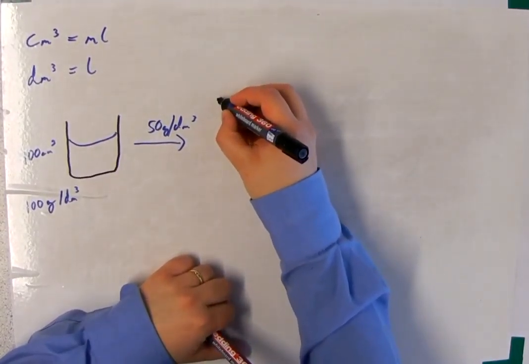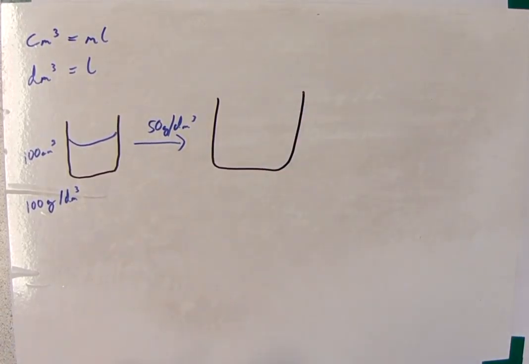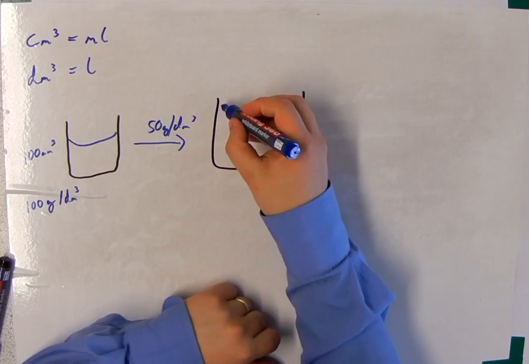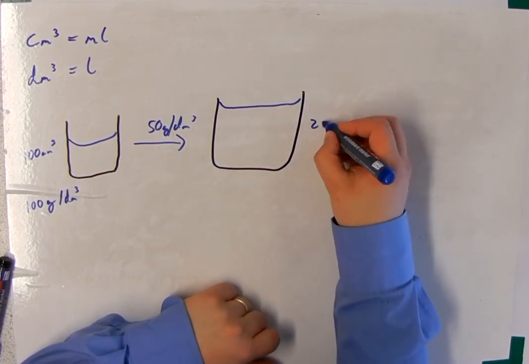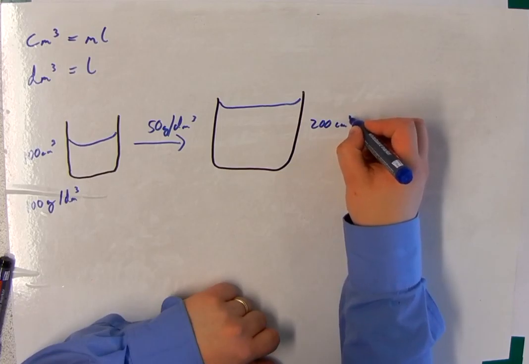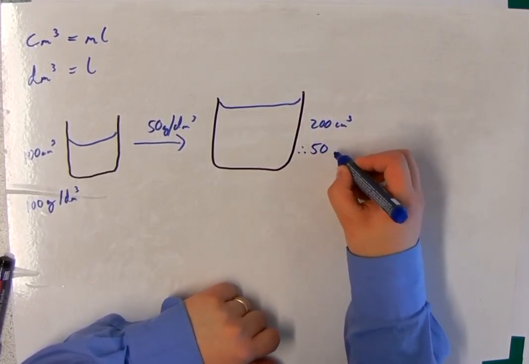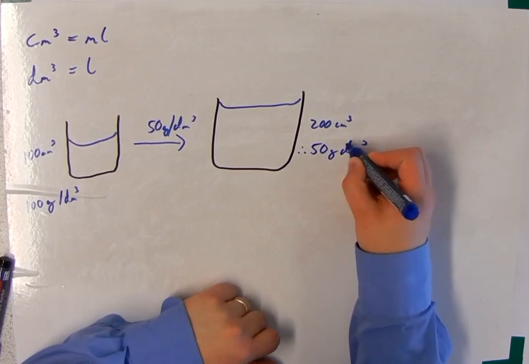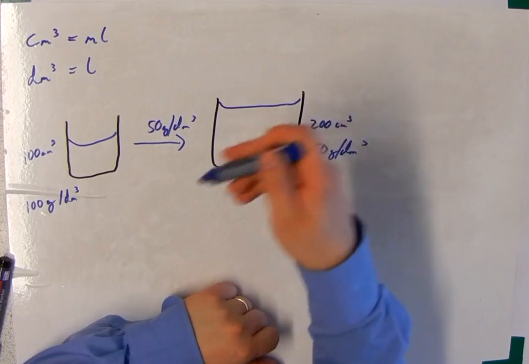Let's take our beaker and fill it full up to 200 centimetres cubed. That will give us 50 grams per decimetre cubed, because we've doubled the volume but kept the number of molecules the same.